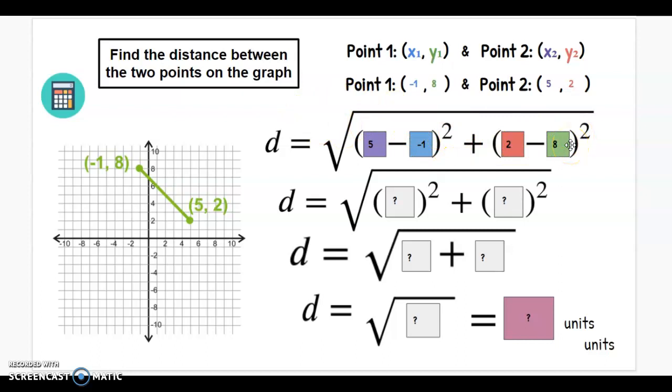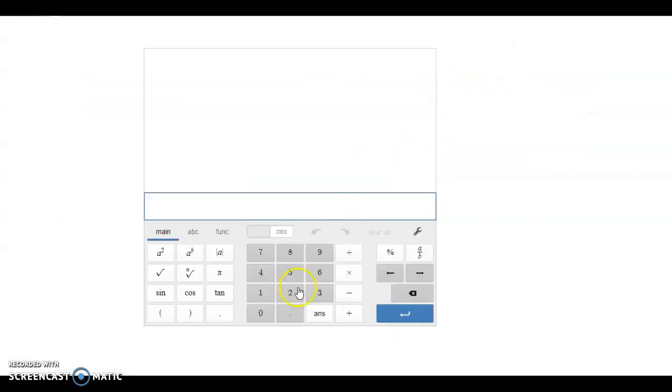My next step is the most important step, because if I don't do this step right, then the rest of my problem is wrong. So I have 5 minus negative 1. It's very important you put it in your calculator correctly, because a lot of people are not, and they're not getting this answer.